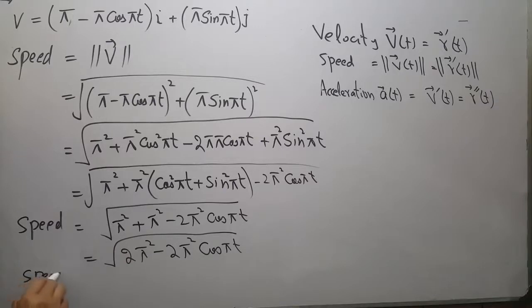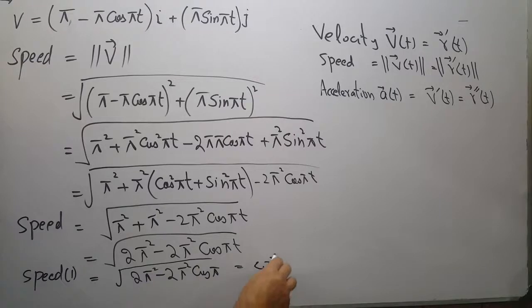So speed when t is equal to 1 is 2 pi square minus 2 pi square times cos of pi when t is 1. And we know that cos of pi is minus 1. So minus and minus becomes plus. So this gives us the square root of 4 pi square, and that gives us 2 pi as the speed. Why don't we write down the negative? Because speed cannot be negative.